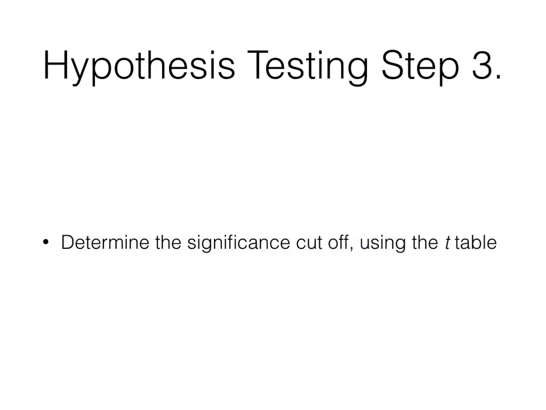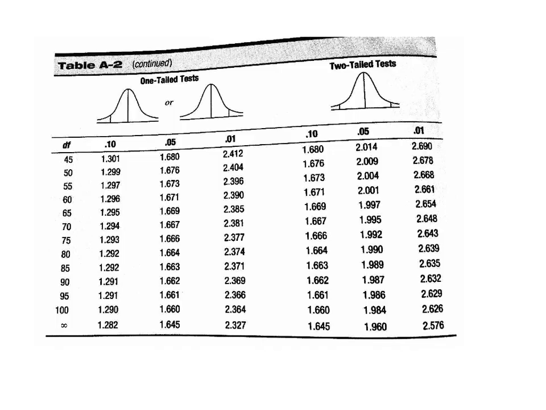In step 3, we're going to determine the significance cutoff, again using the t-table. We have to look at a different place on table A2 because we have a pretty high degrees of freedom here. Remember, it's 108. If you look at the table, it stops at 100, and then the next line is infinity. You can see there's not much of a difference between 100 and infinity, but we'll round closer to 100 and use 100 as our cutoff.